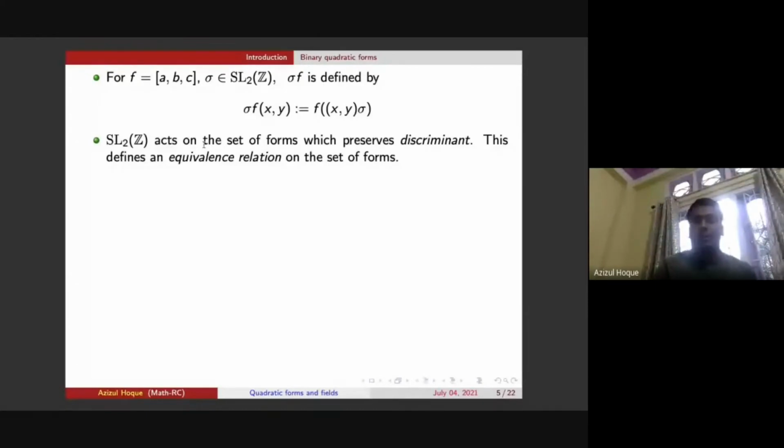Thus two equivalent binary quadratic forms represent the same kind of integers. Suppose f represents say m1 and m2, then sigma f will represent the same set m1 and m2.